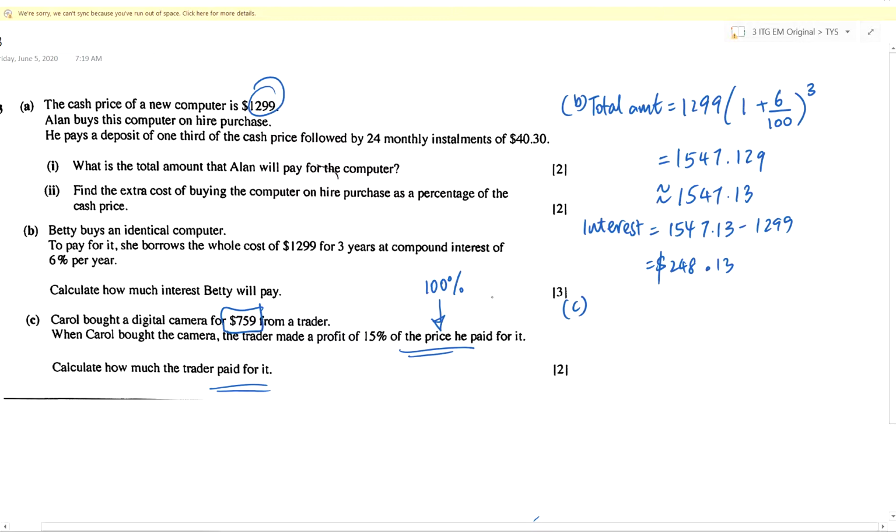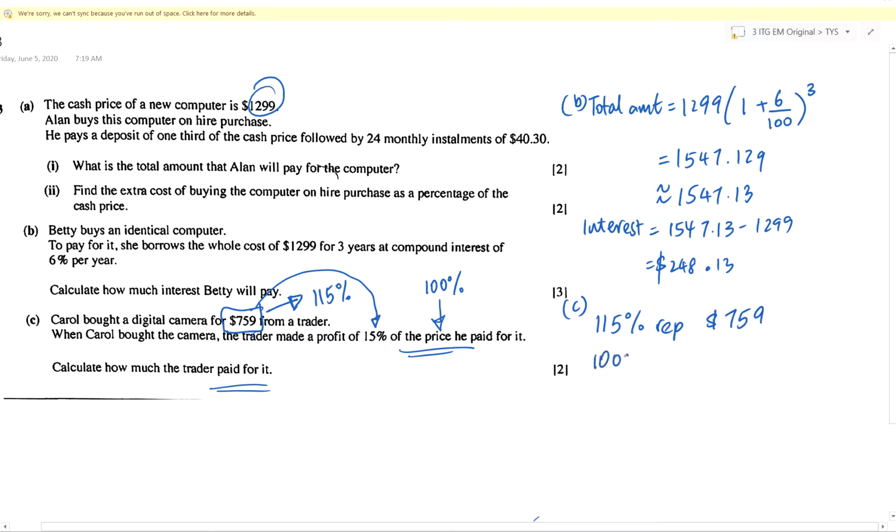So since this 759 includes a 15% profit, this $759 is represented by 115%. Okay, so one of the presentation that you can use is 115% represents $759.